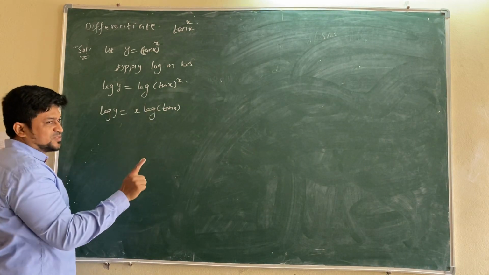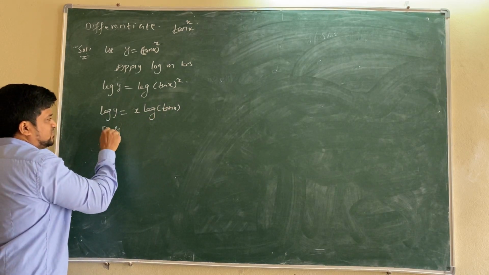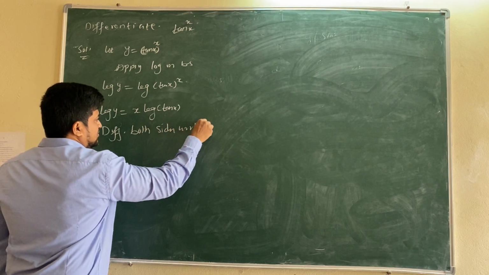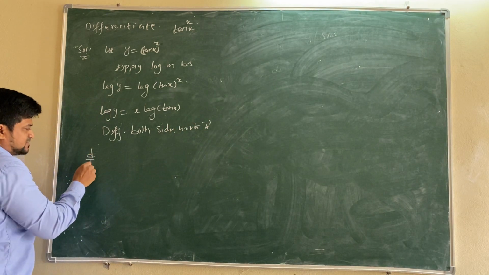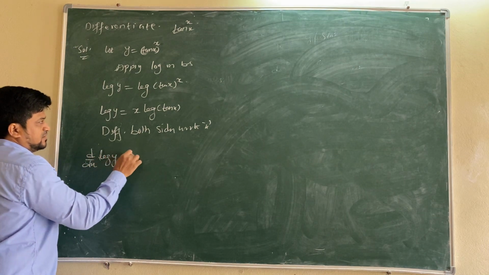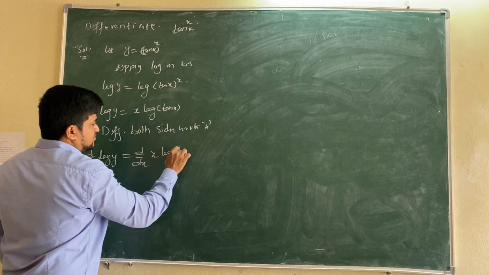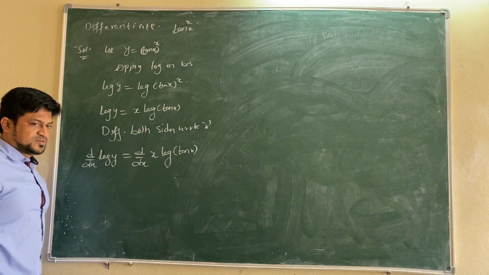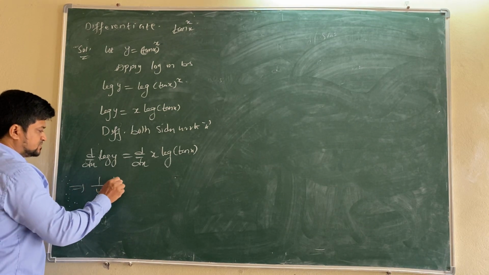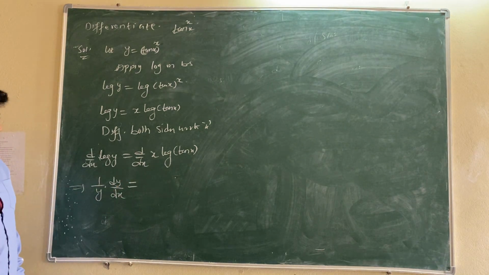Then we differentiate: dy by dx for log y, and the derivative of log y is 1 by y into dy by dx of y.